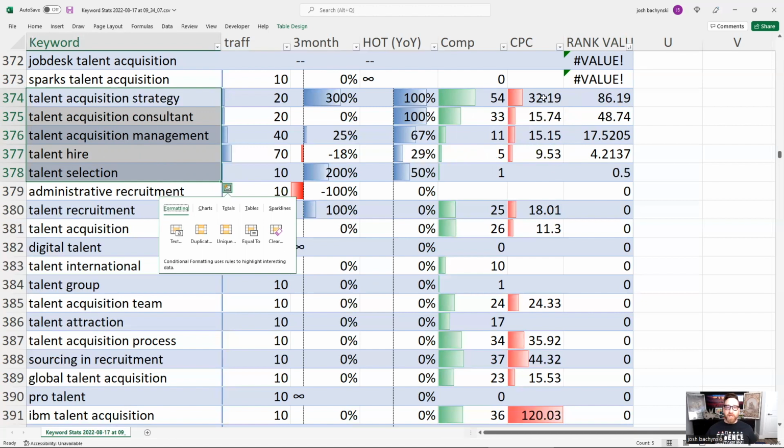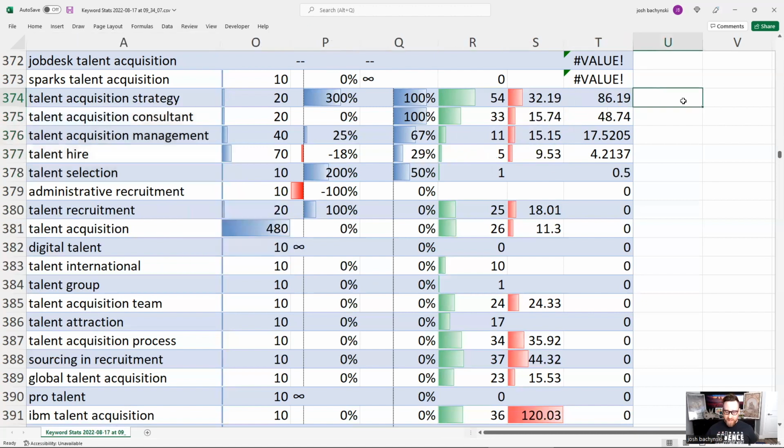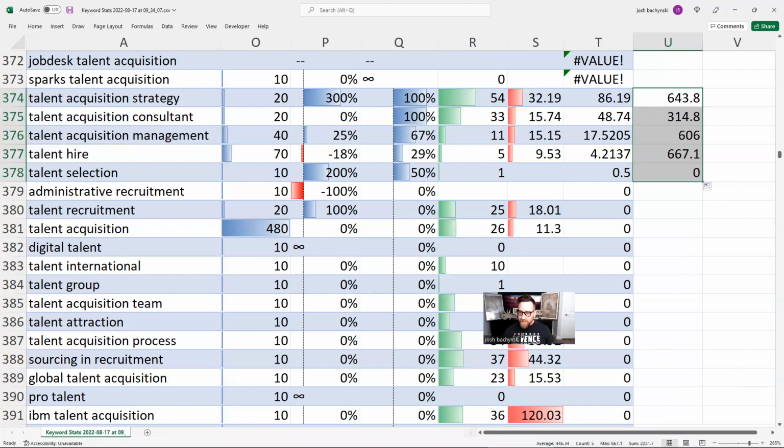If we rank you for this, this equals the CPC times the traffic. We rank you for these keywords here that are hot. That's worth on average $446 if you look down here, and that's worth $2,231 just for these keywords.